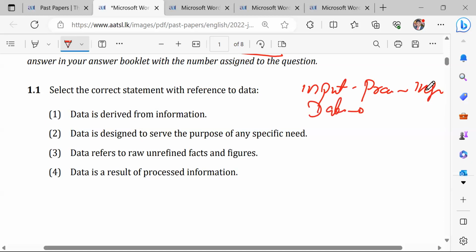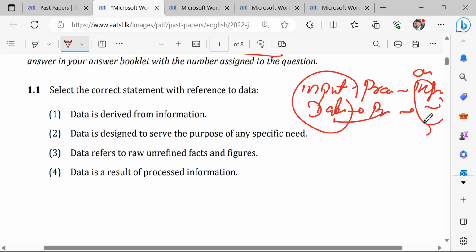Input is data, output is information. Then we can say information is the result of data processing. Data has to be processed to obtain information. That means information depends on data. Output depends on input, right?